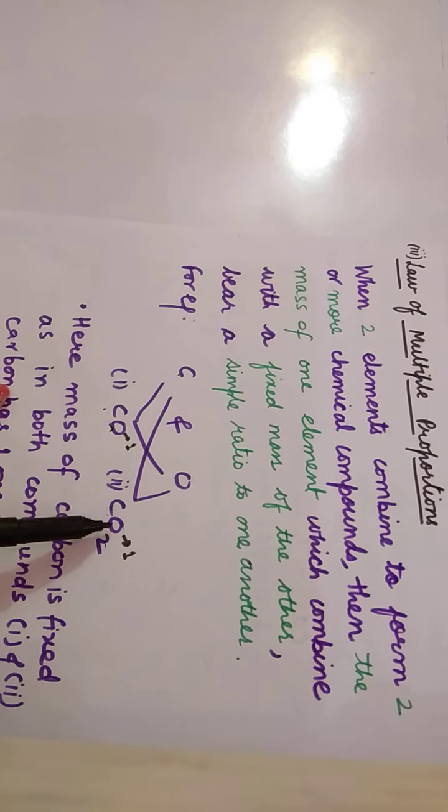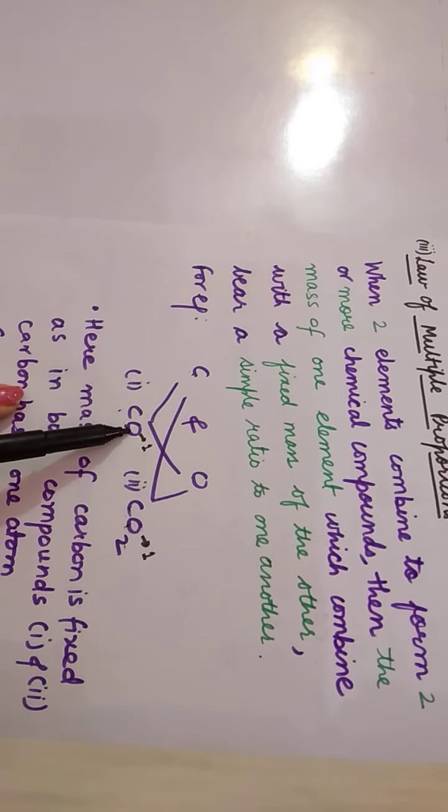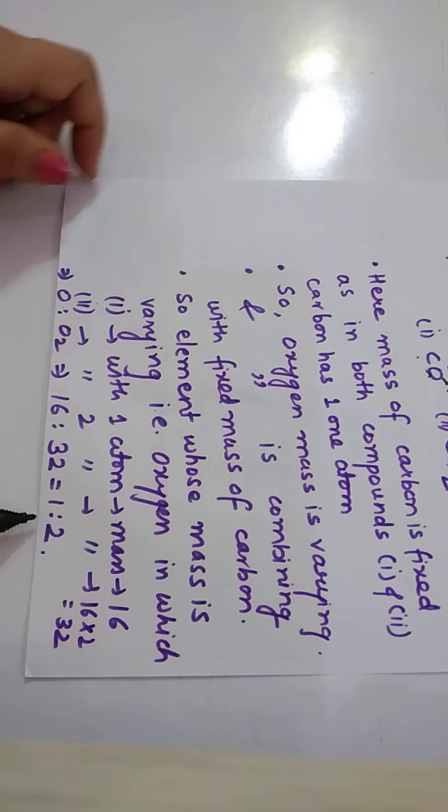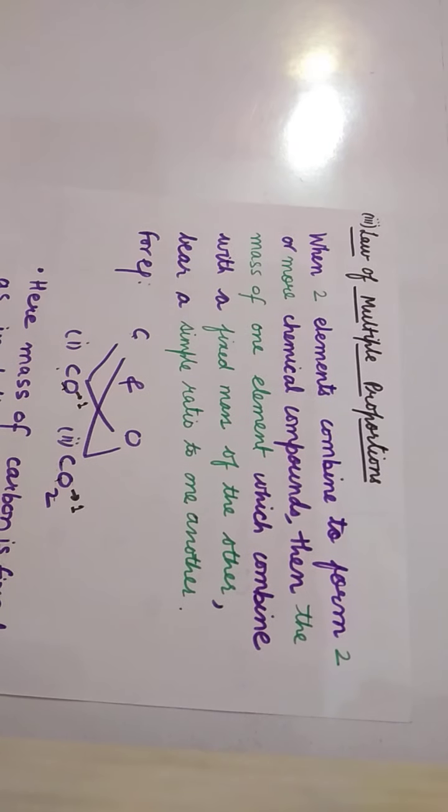The element whose mass is varying, you have to take out the ratio of the atomic mass of that element. So the ratio of the mass of oxygen in O and O2 comes out to be 16 is to 32, that is equal to 1 is to 2.